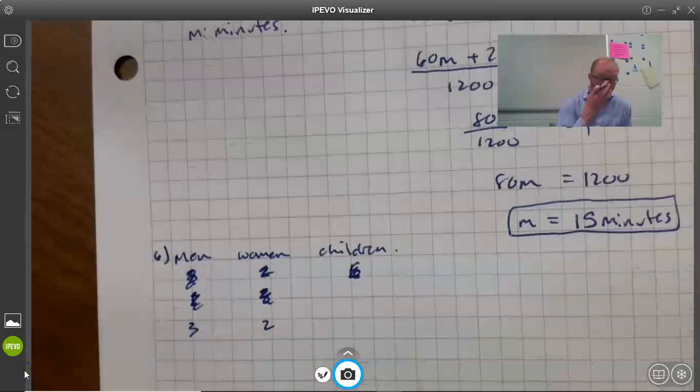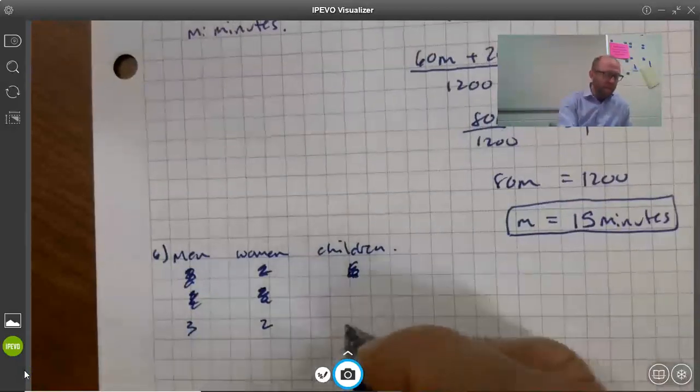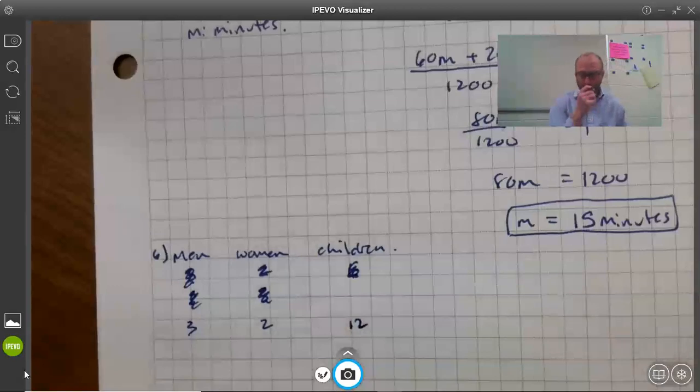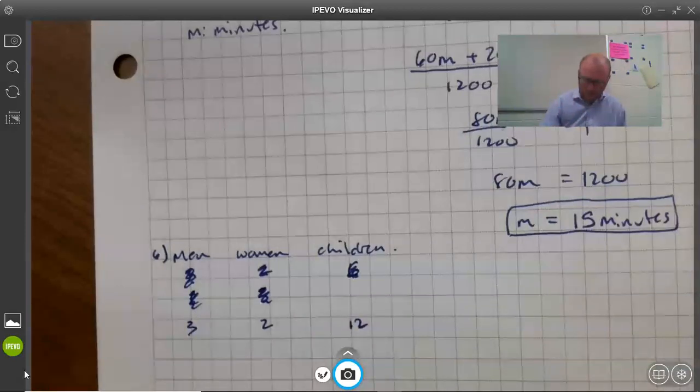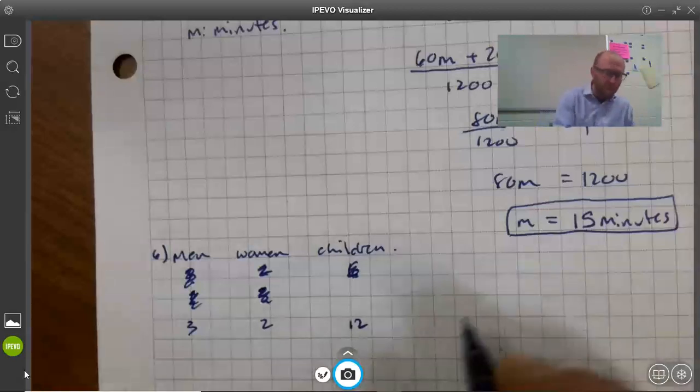But anyways, all right, we're going back here. The ratio of women to men, 2 to 3, and men to children is 1 to 4, which is the same as 3 to 12. All right, and we have a total of 323 people in the theater.